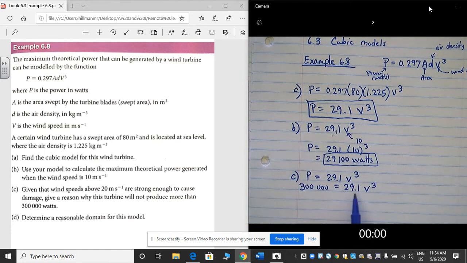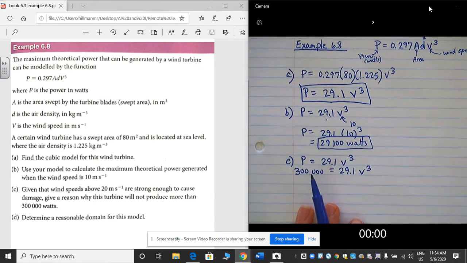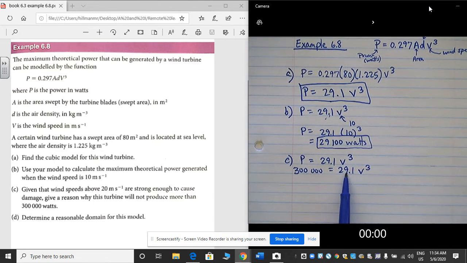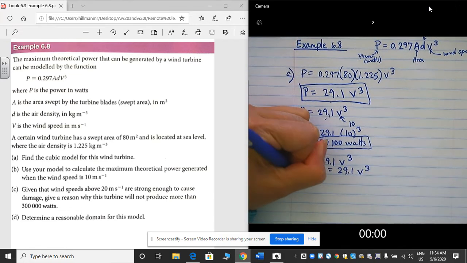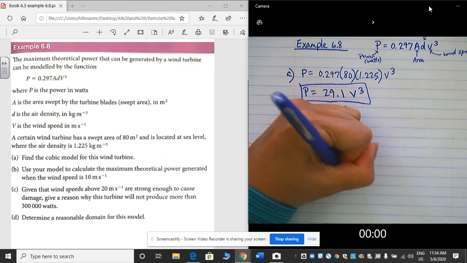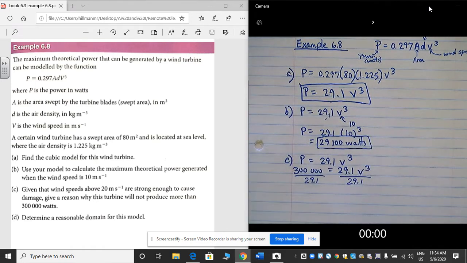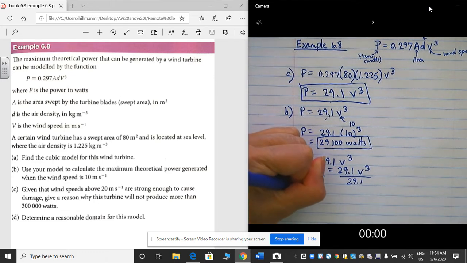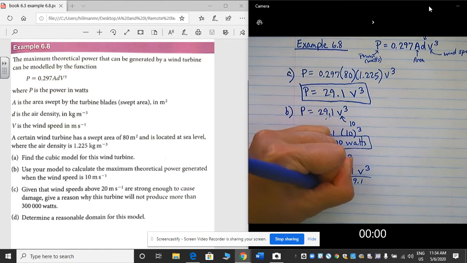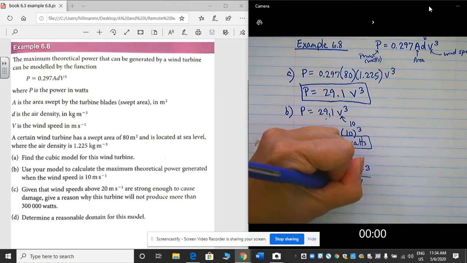Now, to solve for V, the first thing I would do is get rid of that 29.1. It is connected to the V cubed through multiplication, so I'm going to divide both sides by 29.1. I'm going to need to round here, but I get 10,309, rounded to the nearest whole number, equals V cubed.